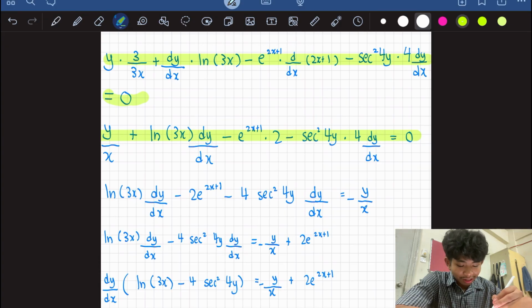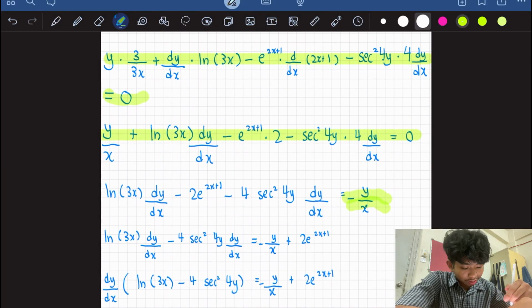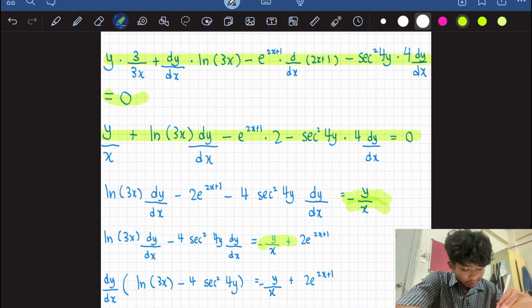So after that, we move y over x to the right side of the equation to form negative y over x. And then we move 2e power of 2x plus 1 to the right side of the equation.